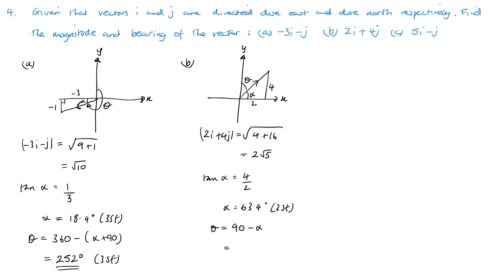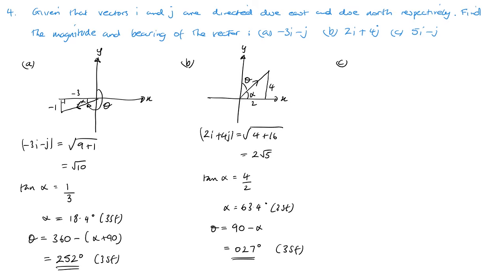So 90 minus my answer is 26.5. So we'll do 27, so 027 degrees to 3 significant figures. Okay, and there we have the second answer.